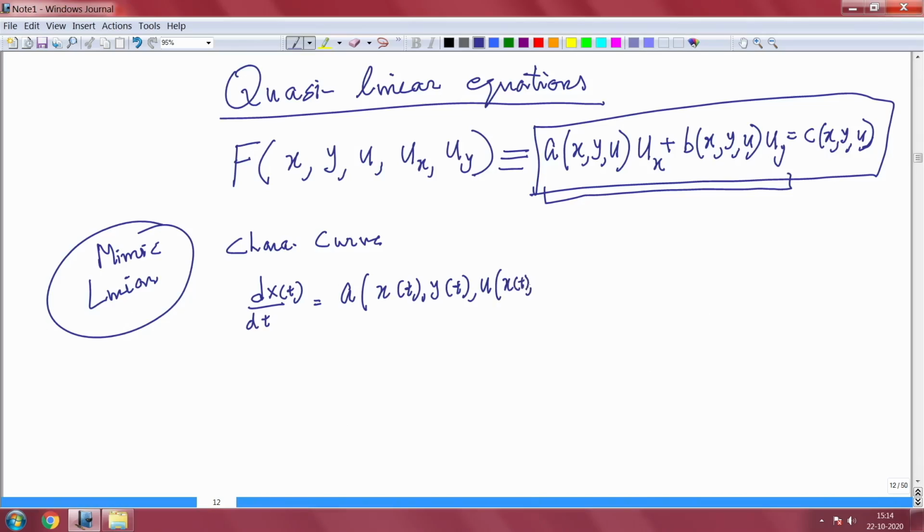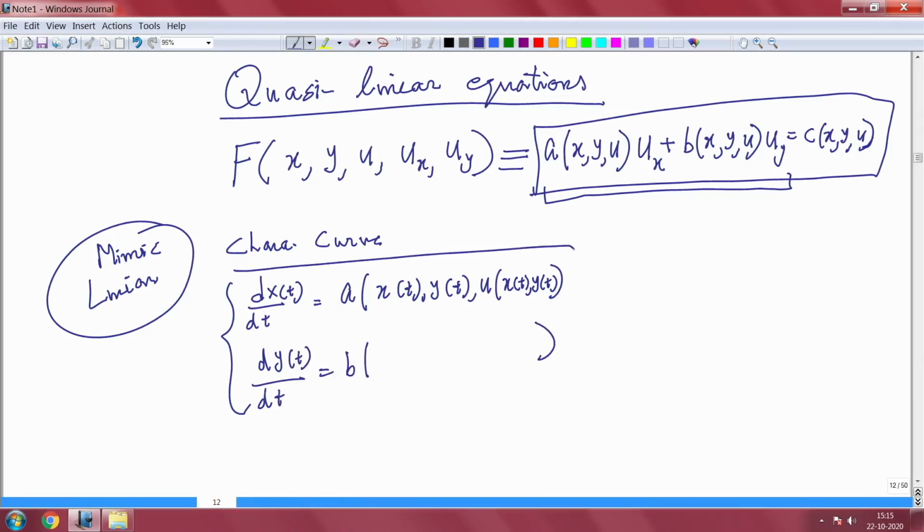You see, this is what I am mimicking, because I put the coefficient, this is what I wanted, dy by dt is equal to b of a similar function. So, this is why the characteristic depends on the unknown u.